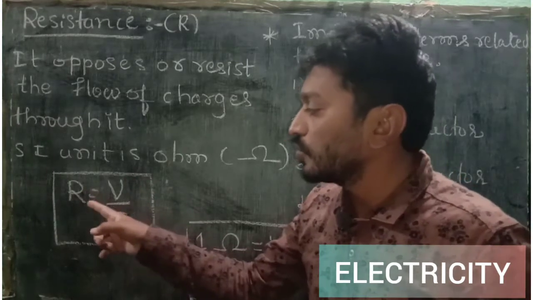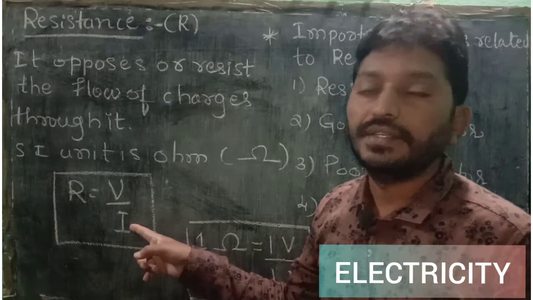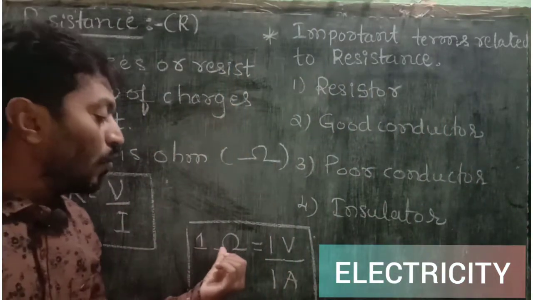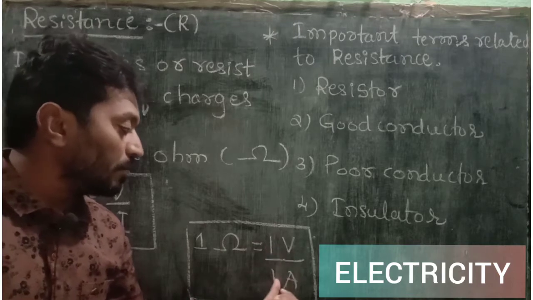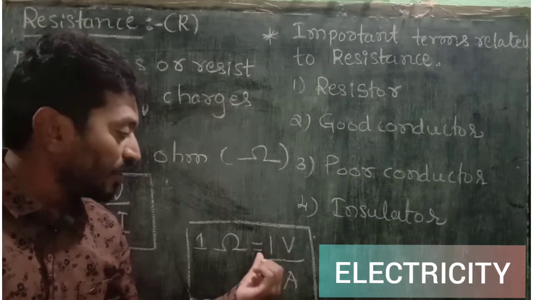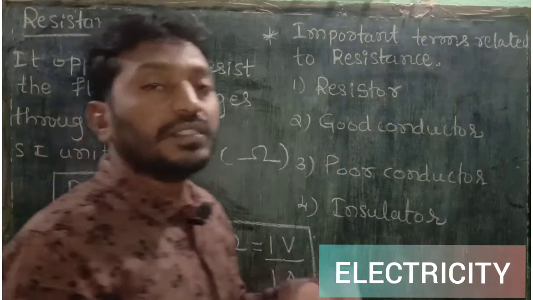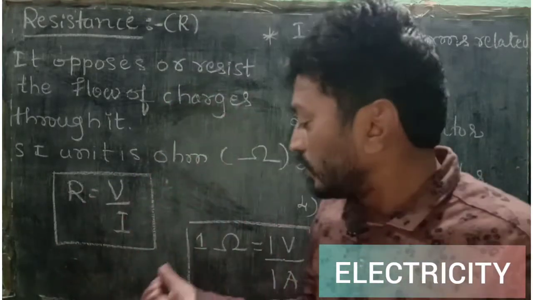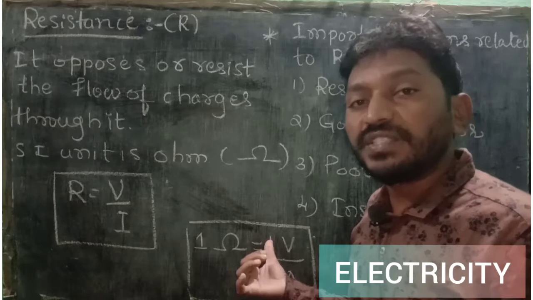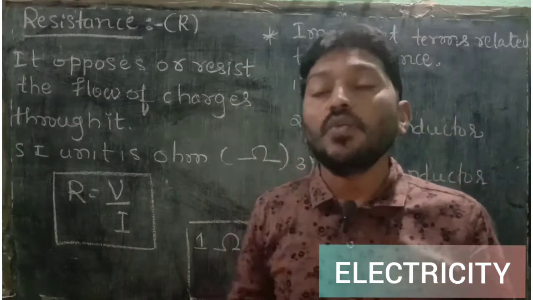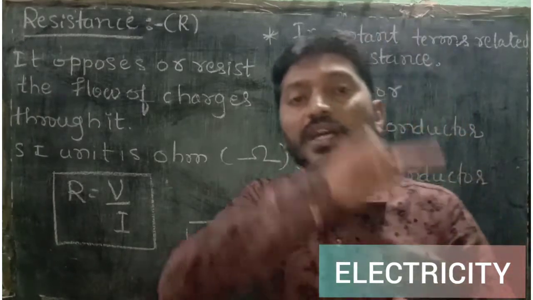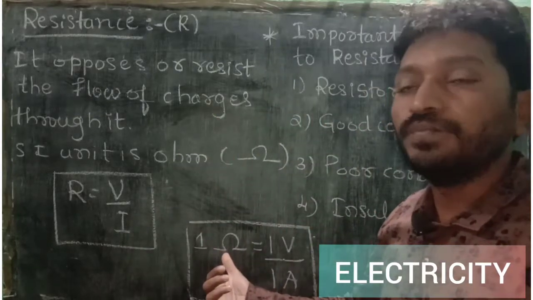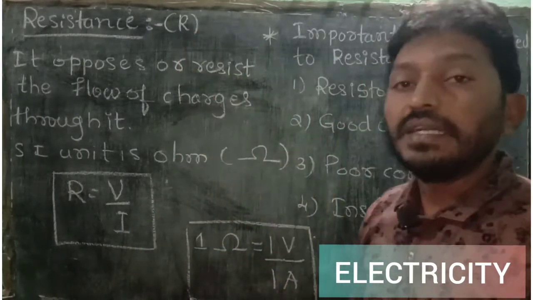Therefore R equals V by I. So 1 ohm equals 1 volt by 1 ampere. What does it mean? It means 1 volt of potential difference allows 1 ampere of current through the circuit. So that is the meaning of 1 ohm. So this is about resistance.